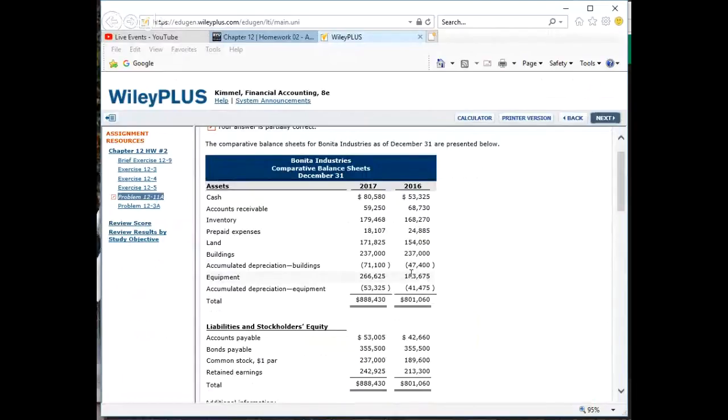So in our assets, when we have an increase in assets, that means our cash is going down. And the same for our liabilities, but it's going the opposite way.